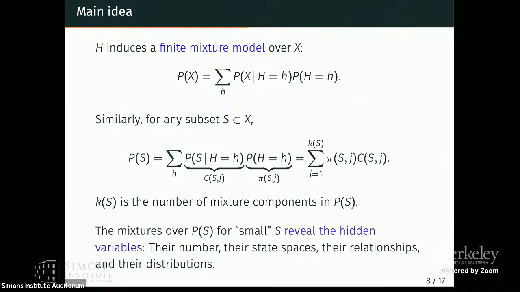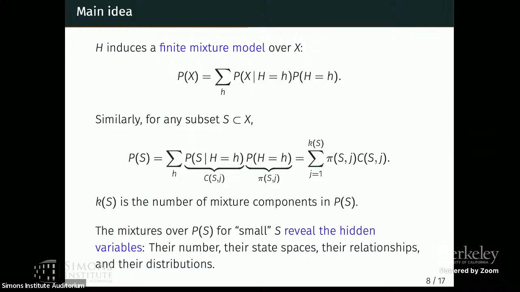So if I take any subset of the observed variables, I could look at the induced marginal mixture, so just condition on the hidden states, and just focus your attention on the observables in S. I'm going to call the number of components in that induced marginal mixture K of S, and I will denote its weights by pi of S and the components themselves by C of S.